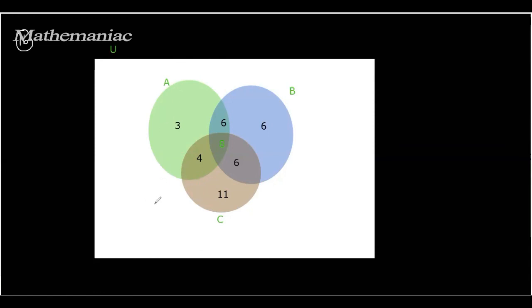What they are asking? Find the number of persons liking product C only. So the figure says that there are only 11 persons liking C only. Now you see, I have to again add separately. When you do this problem in competitive exams, obviously you will keep the target in your mind.